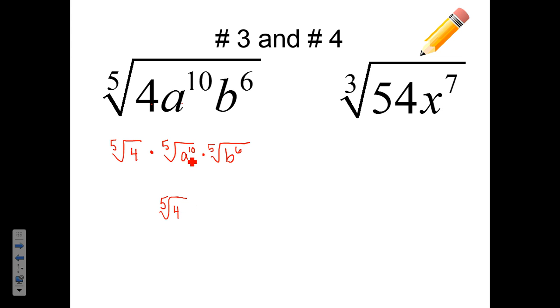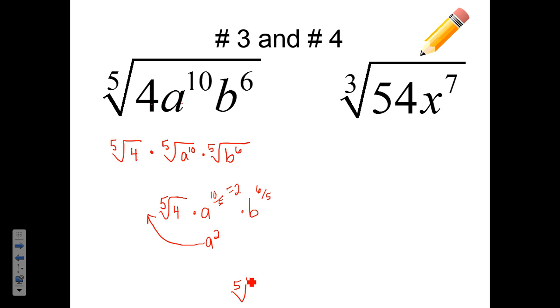The fifth root of a to the 10th, I'm going to rewrite that as a to the 10 over 5, and I'm going to write this one as b to the 6 over 5. Now, 10 divided by 5 is 2, and so a squared is going to go out in front of my answer.